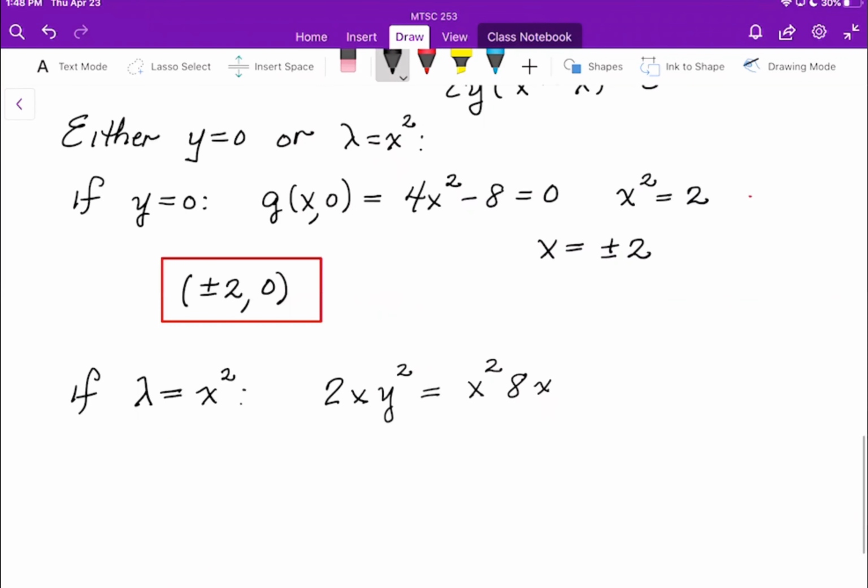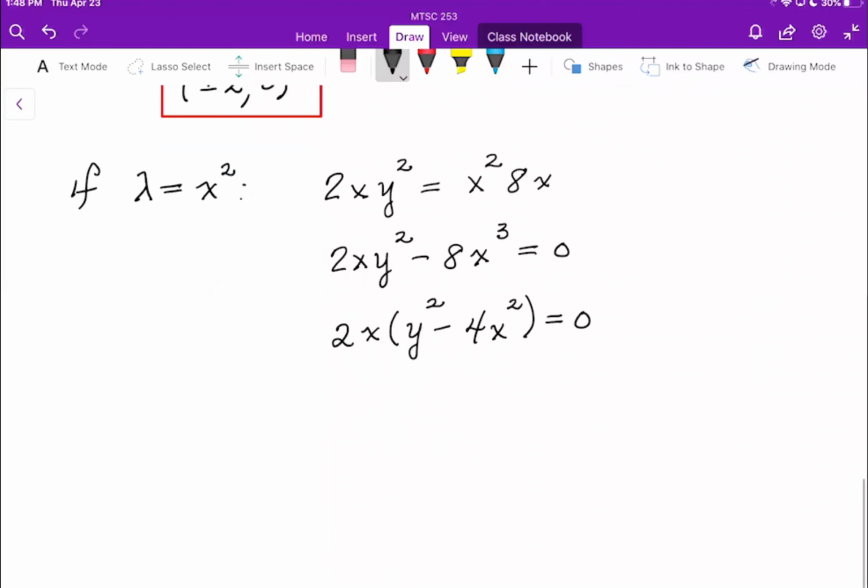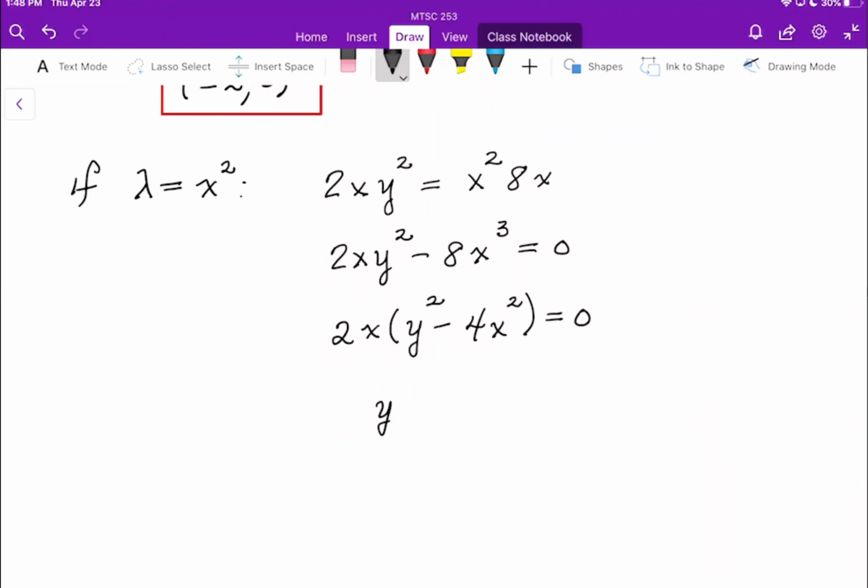So now I get 2x y squared minus 8x cubed is equal to 0. So I can factor out the 2 and an x, and that's going to leave me y squared minus 4x squared is equal to 0. So now I get y squared is 4x squared.